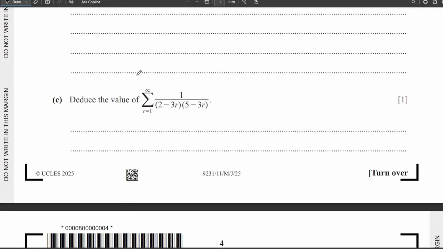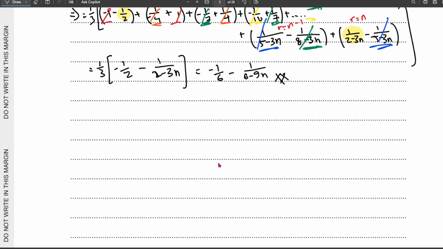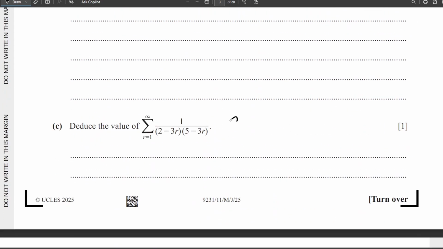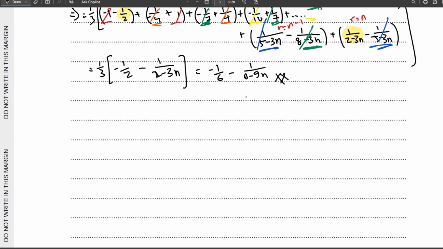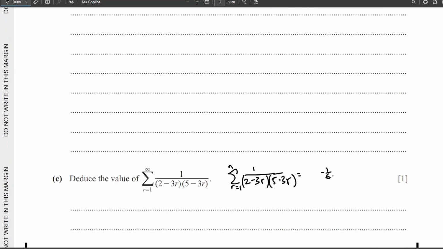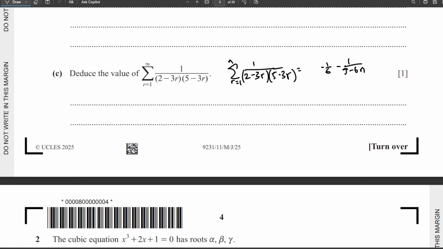Now, if we go to part C, we want to deduce this value. Just now we have the sum from 1 to n, right? So I'm just going to write it as the same as what we have just now. And then we got this result, 1/6 minus 9, sorry.